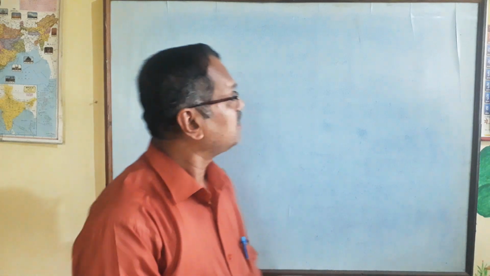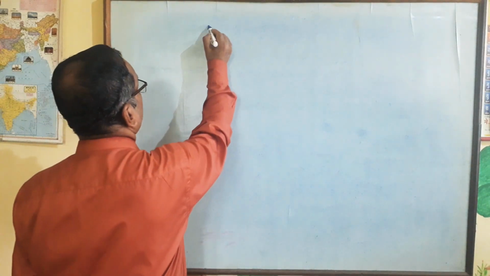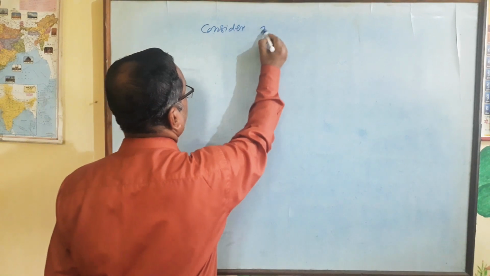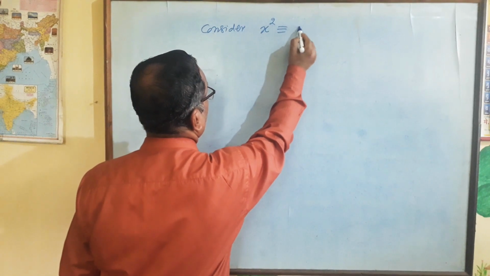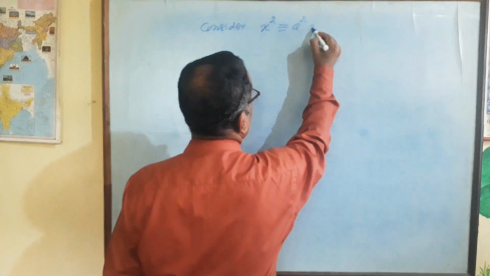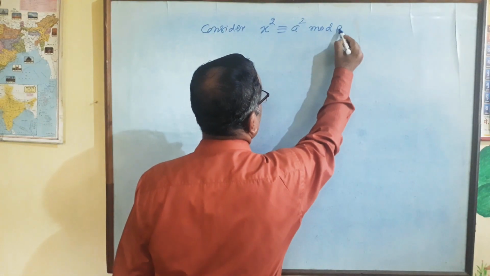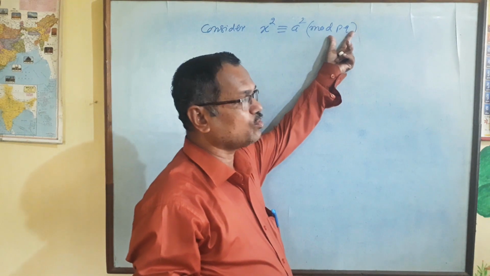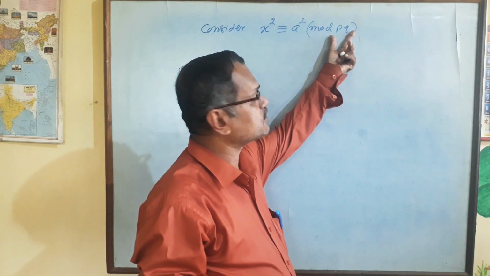But here I am going to present a formulation of solutions of quadratic congruences. Consider the congruence x square congruent to a square mod pq, as the modulus is p into q, two factors p and q.